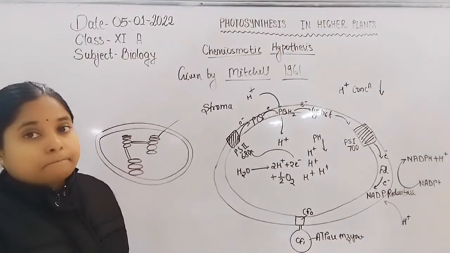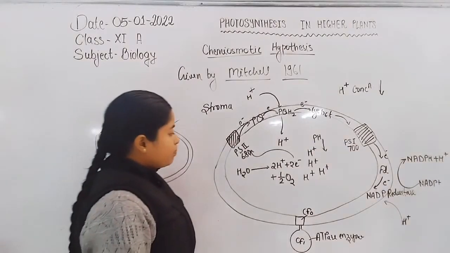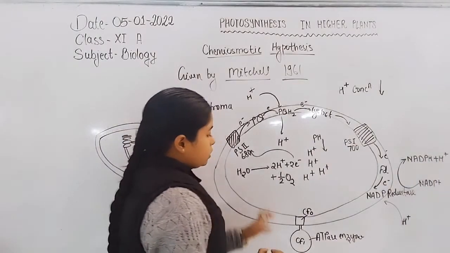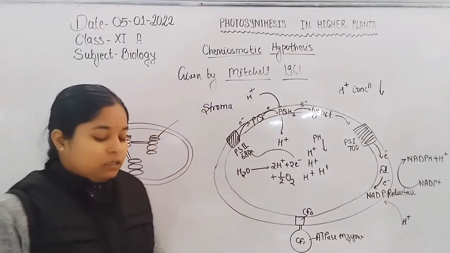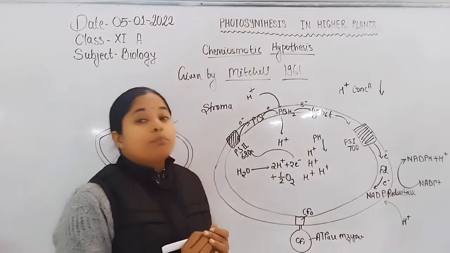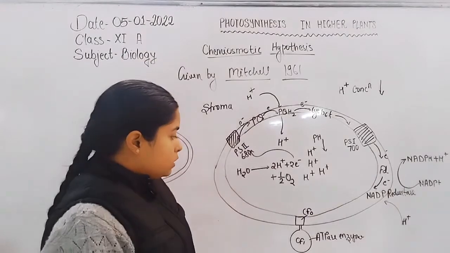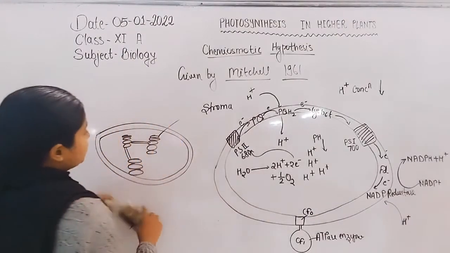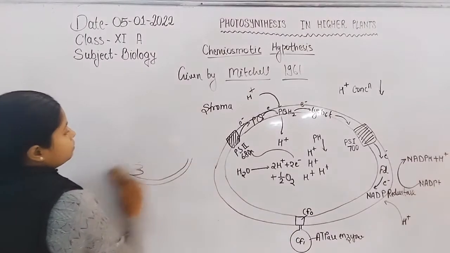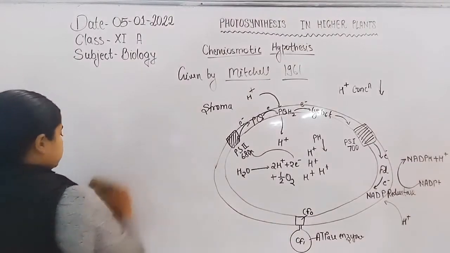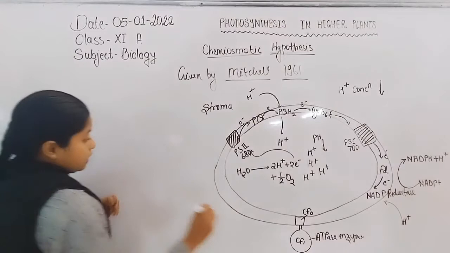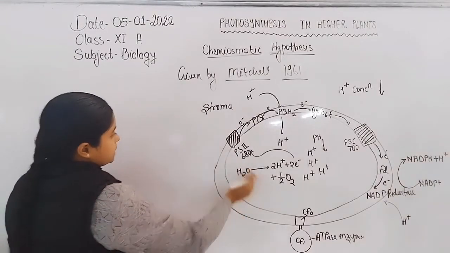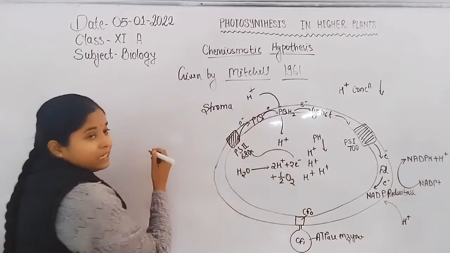The CFOF1 particle is a protein or proton pump. It functions as a proton pump, and through the proton pump they use the proton gradient present in the lumen of the thylakoid.